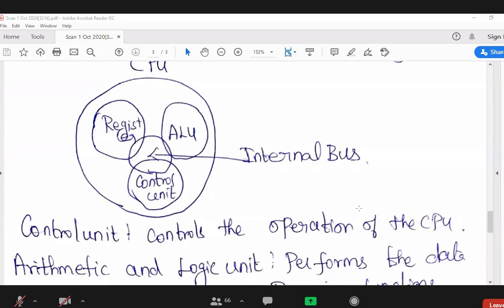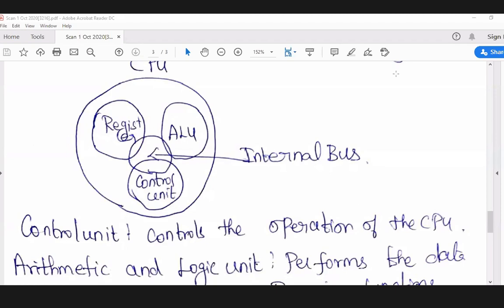So now we discussed about CPU. It's having a register, ALU, and control unit. All the three things are connected by internal bus. Now you can see the name is different. The name is the internal bus. And next is, as I already told, control unit.